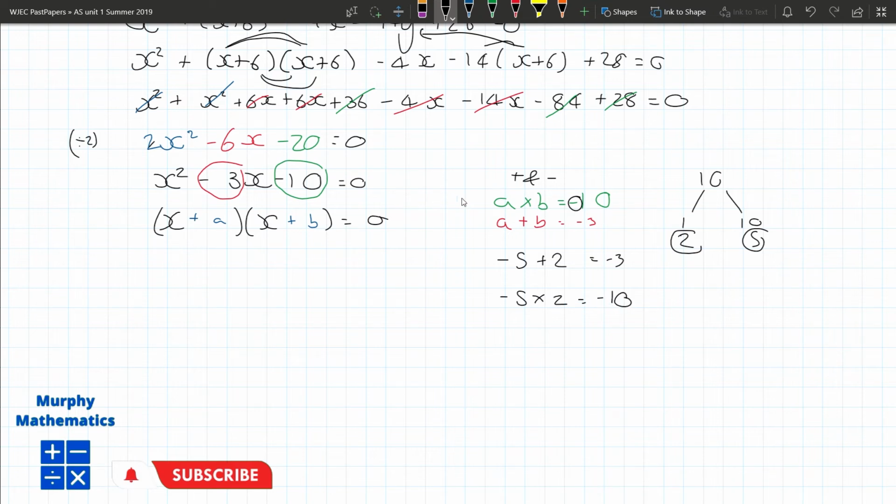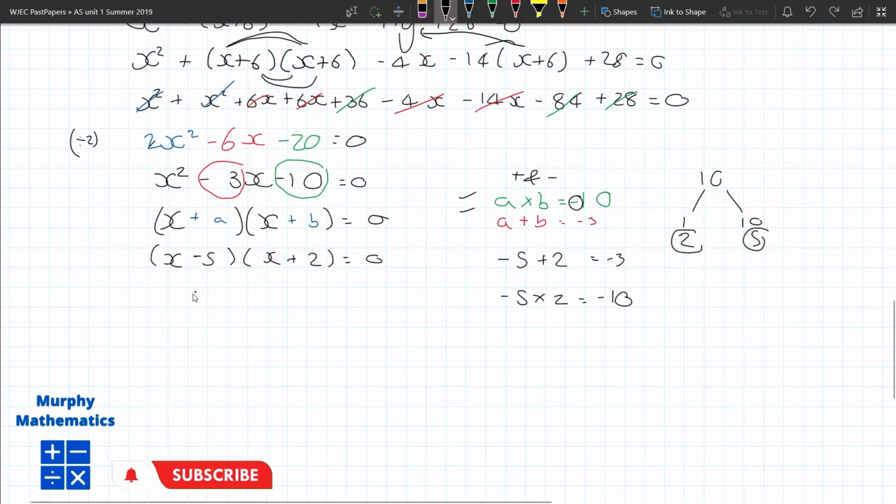So it satisfies both these equations. It doesn't matter which way you write it around, but I've used minus 5 as a, so x minus 5, and then x plus 2 equals 0. So I'm going to have x equals 5 or x equals minus 2.